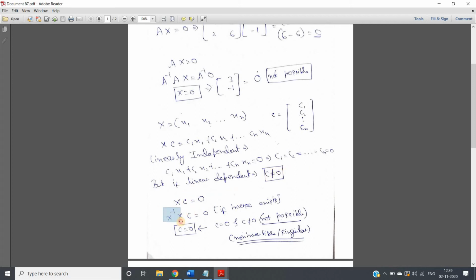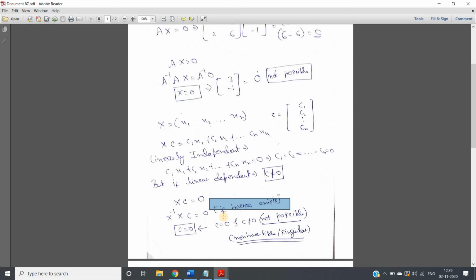If X inverse exists, then X inverse X, which is the identity matrix, multiplied by C should be 0, so C equals 0. Here we assumed C not equal to 0, but we are getting C equal to 0. Together this is simultaneously not possible. So the assumption that X inverse exists is wrong.